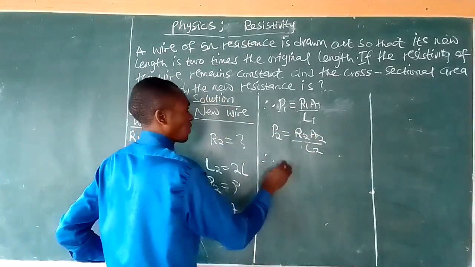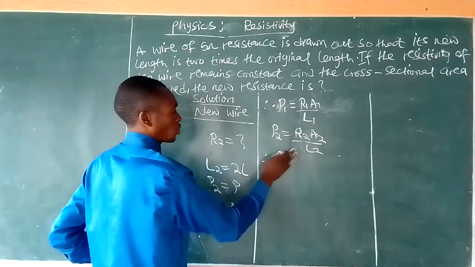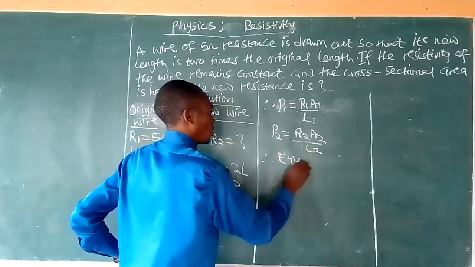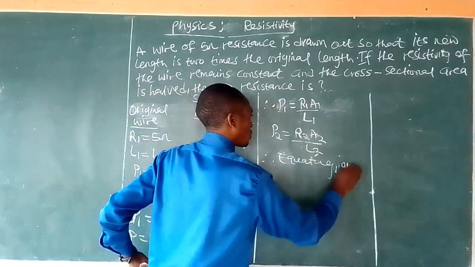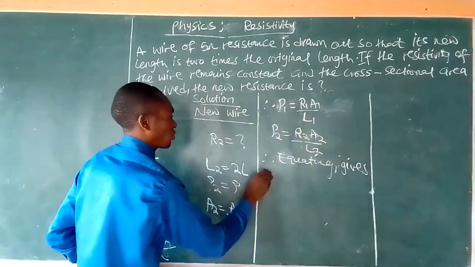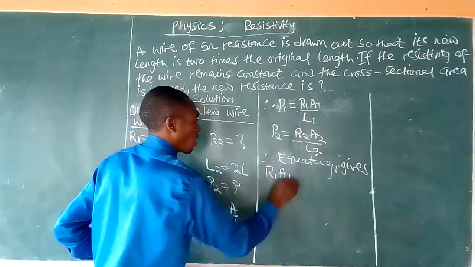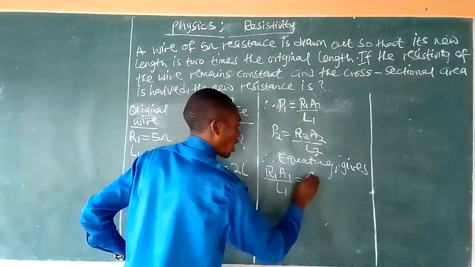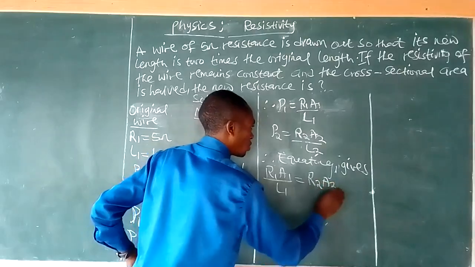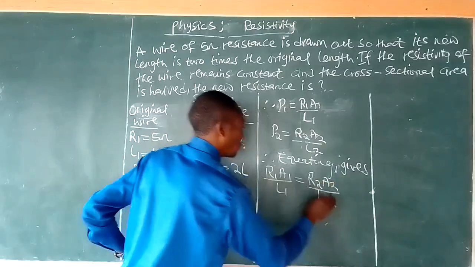So therefore we equate them together. Equating gives R1 A1 over L1 equals R2 A2 over L2.